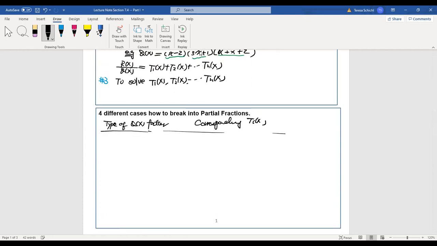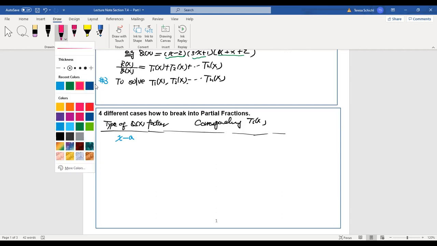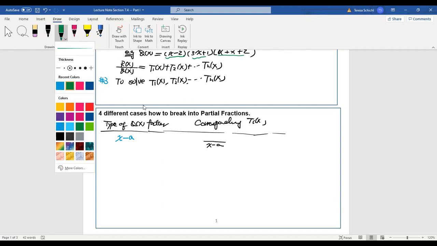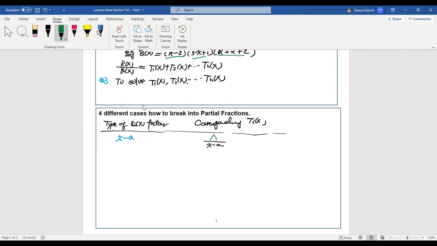The first one: if you have some linear factor like x minus a just by itself, then the corresponding Ti(x) will just be what? Your corresponding will be, this is x minus a. You always remember the degree of R(x) has to be less than the degree of Q(x). So you just put a constant A here.